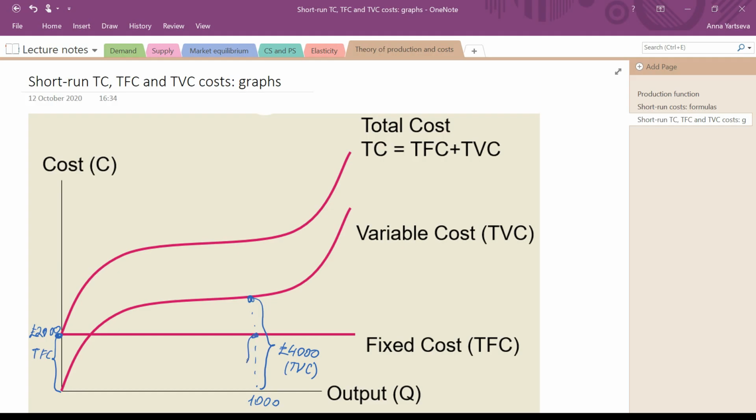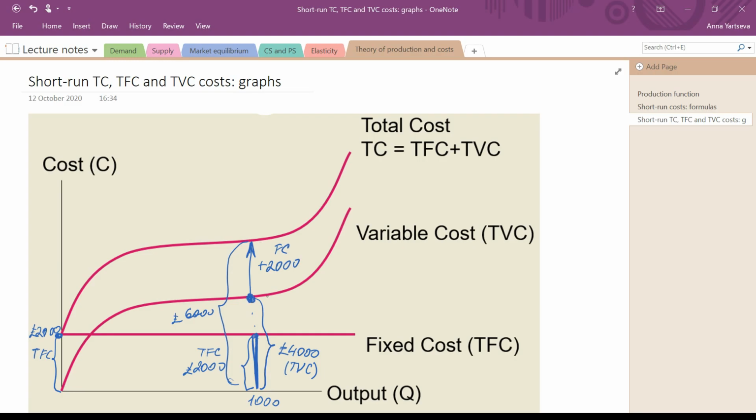This is how much we've spent on our materials and on our labor. So for our output level and for any output level, total fixed cost will be 2,000 and total variable cost happens to be 4,000. If we add up these numbers together, what is happening, we shift our cost of materials upwards by £2,000, which is the fixed cost. And our combined total will be equal to 6,000 for this particular output level. So fixed cost plus variable cost, altogether it will be £6,000.